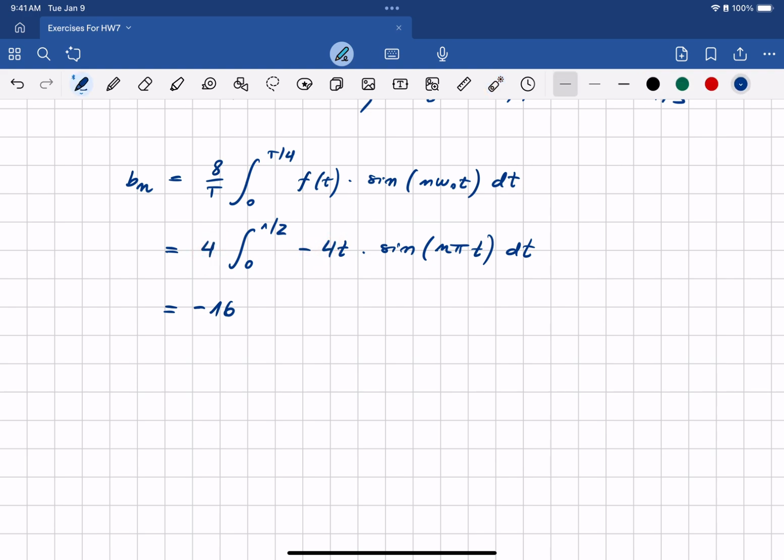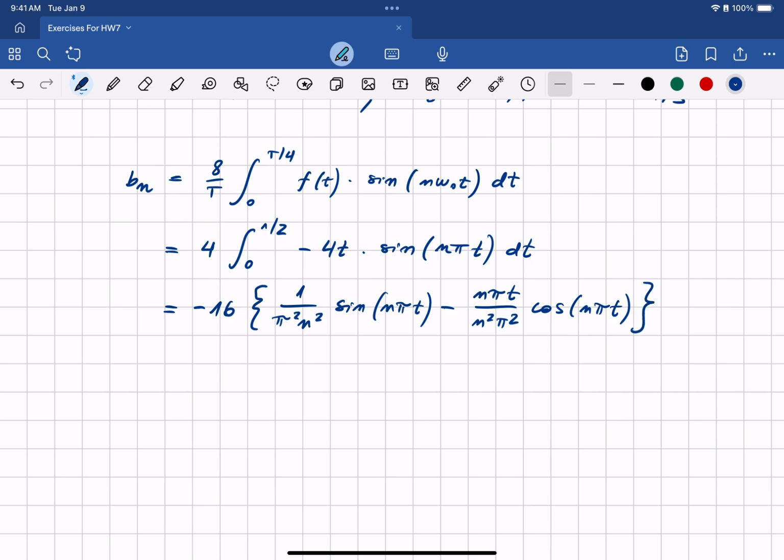I put that outside, and the integral should give you 1 over n square pi square sine of n pi t minus n pi t over n square pi square cosine of n pi t. Okay, and this is between 0 and 1 over 2. Simple. Check it on your side, make sure that you get this step.